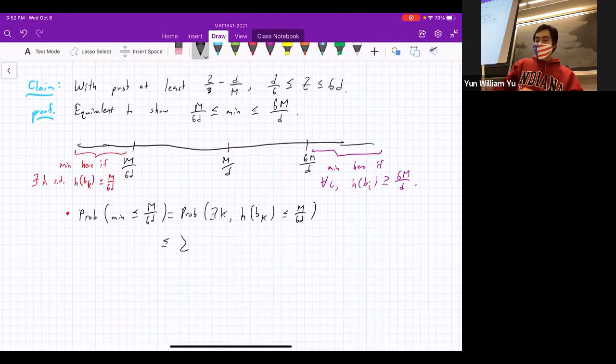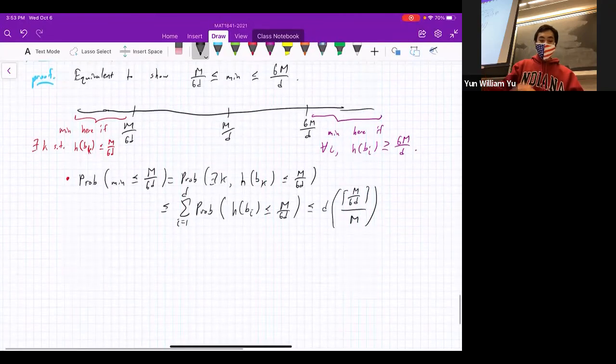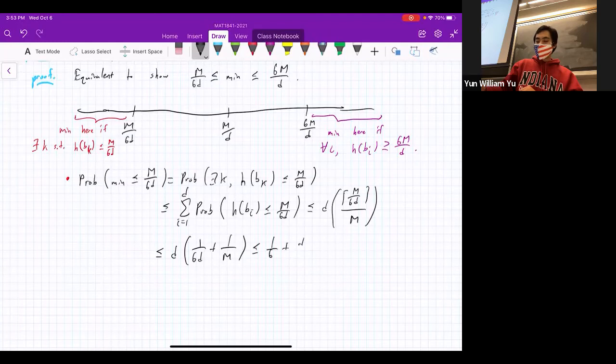And this is less than or equal to the sum over i equal 1 to d of the probability that h of bi is less than or equal to m over 6d, by a union bound, which is less than or equal to d times the ceiling of m over 6d divided by m, by uniformity over m. And this is less than or equal to d times (1 over 6d plus 1 over m), which is less than or equal to 1/6 plus d over m. Okay, so that one was pretty easy.